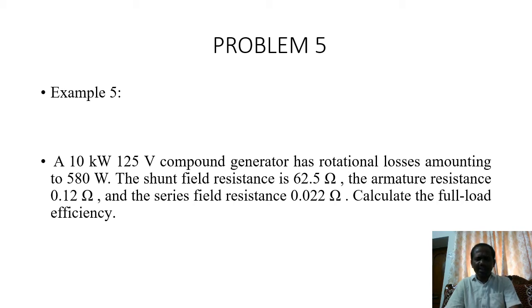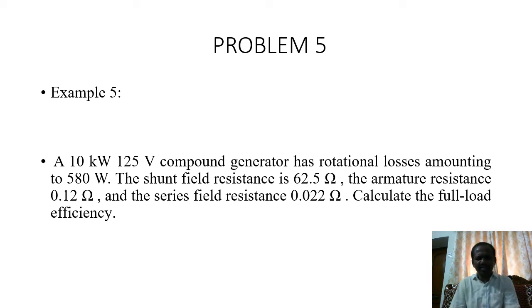The shunt field resistance is 62.5 ohms. The armature resistance is 0.12 ohm and series field resistance is 0.02 ohm. Calculate the full load efficiency.